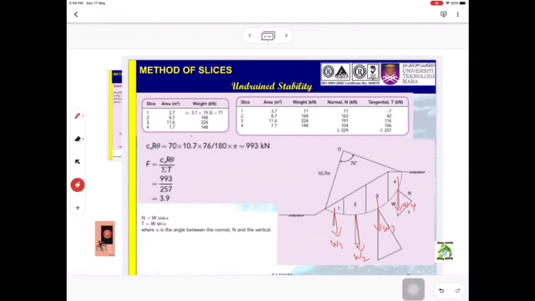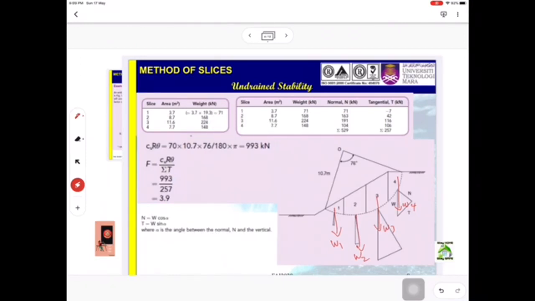Weight is gamma times the area. Okay, so we get the weights W1, W2, W3, and W4.